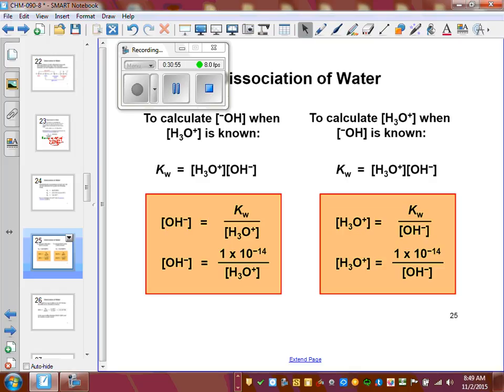If I know the H3O plus, the OH minus is equal to Kw divided by the H3O plus, or 1 times 10 to the minus 14th divided by the H3O plus. If I give you the OH minus and ask you what the H3O plus is, the H3O plus is equal to Kw divided by the OH minus, or 1 times 10 to the minus 14th divided by the OH minus concentration. Brackets around it mean concentration.